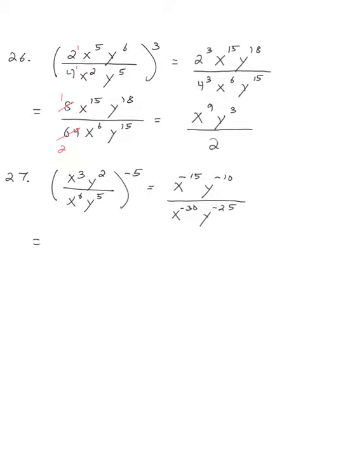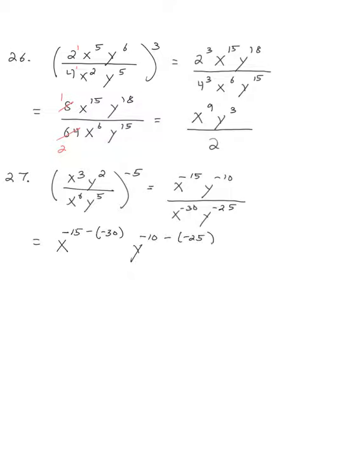I'm going to subtract these exponents. Maybe I will be a little bit careful in this one. You don't have to write this middle step, I'm choosing to. I'm going to subtract those 2 exponents and then subtract those 2 exponents. This is x to the negative 15 and we're subtracting negative 30. For y, it's negative 10 minus a negative 25.